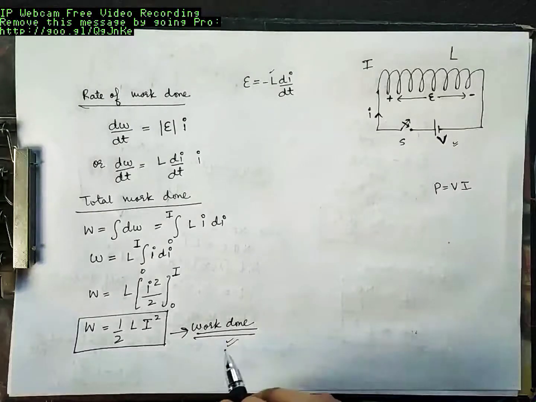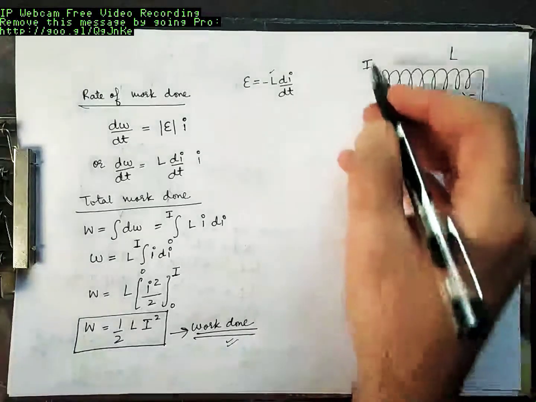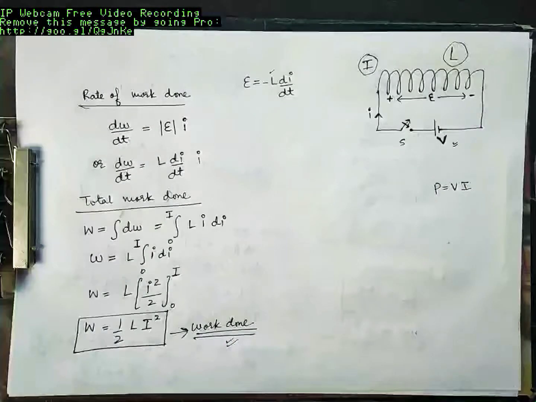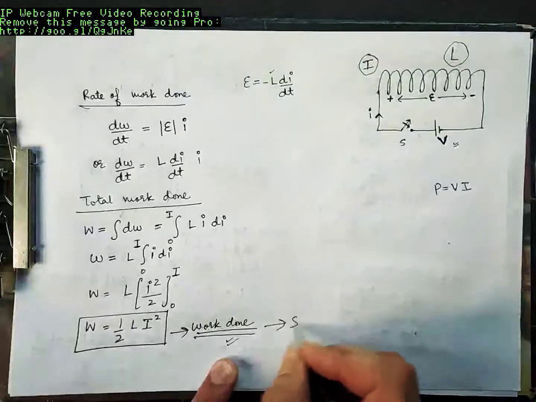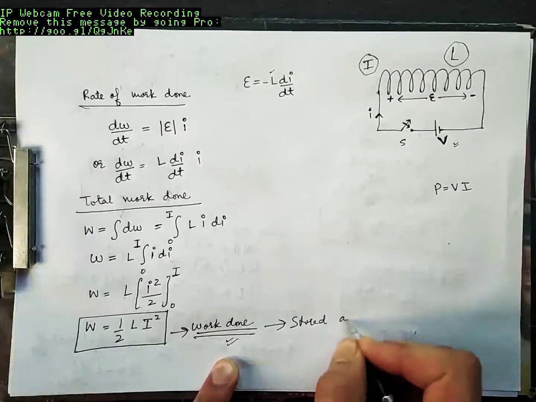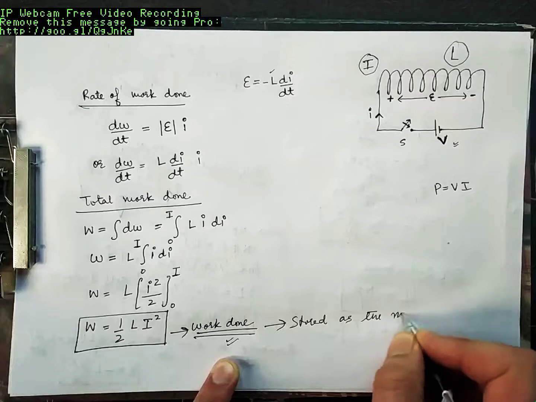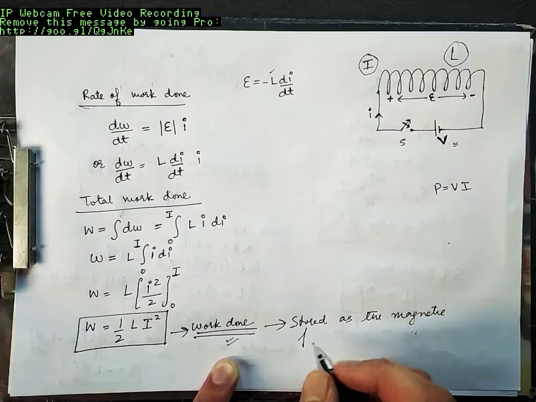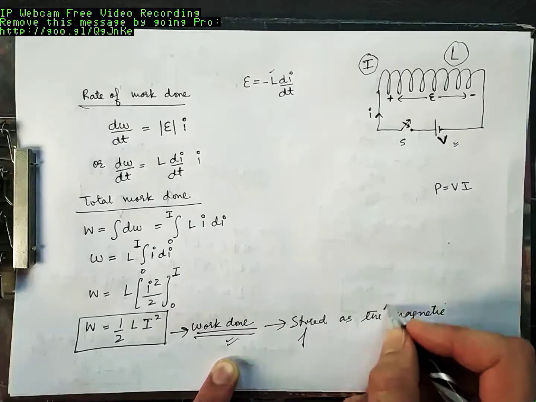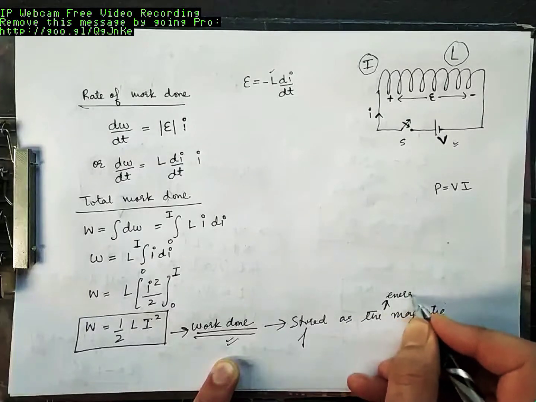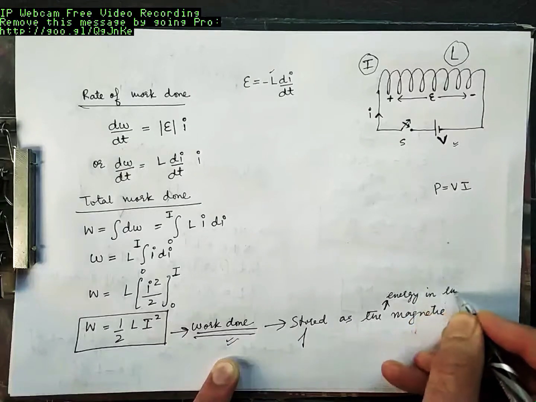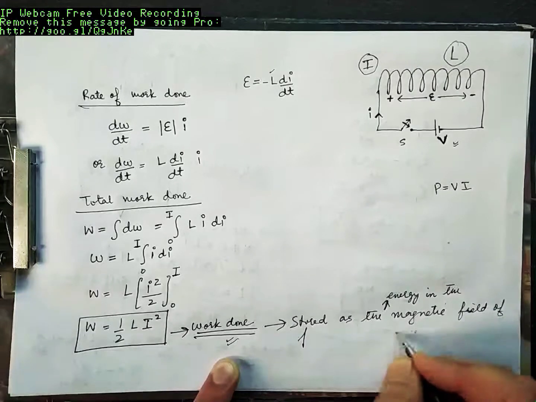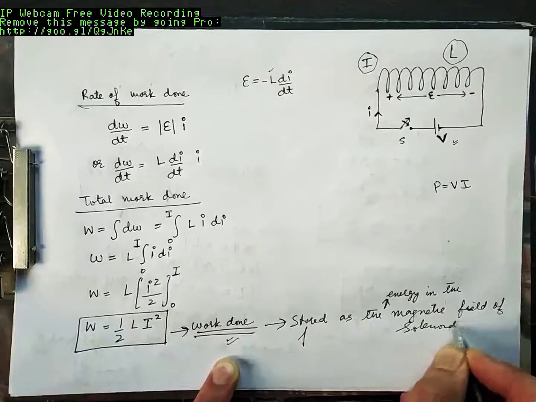This work done by the voltage source in establishing current I through an inductor of inductance L, equivalent to 1 half of L I square, is stored as the magnetic energy in the magnetic field of the solenoid.